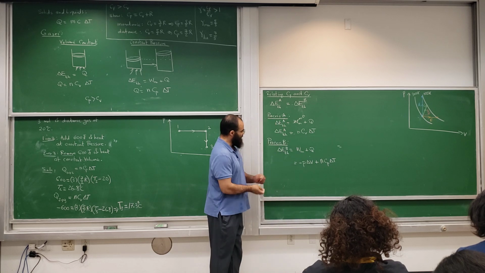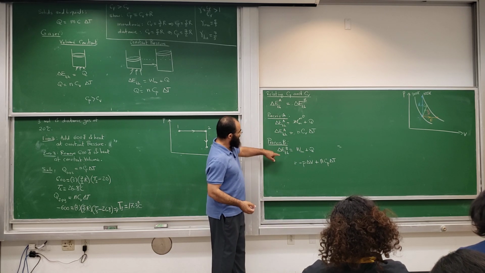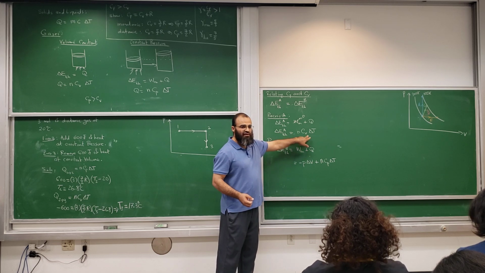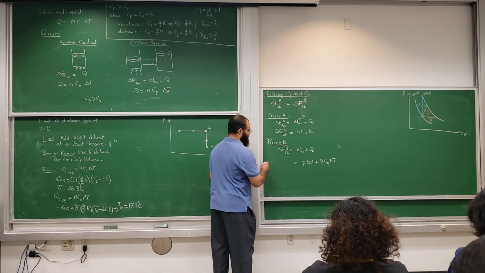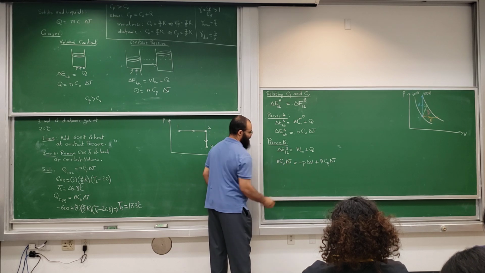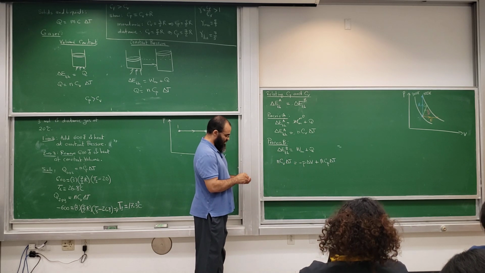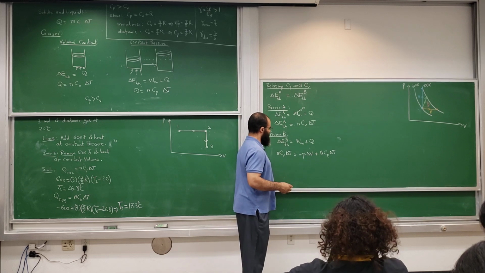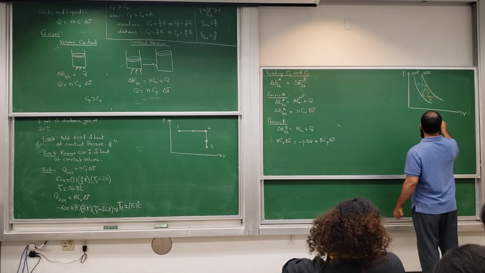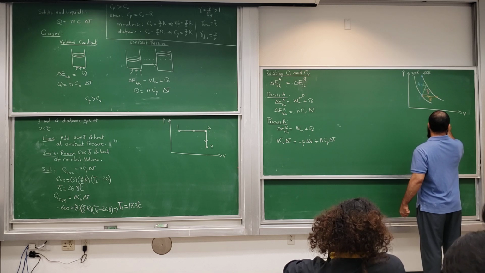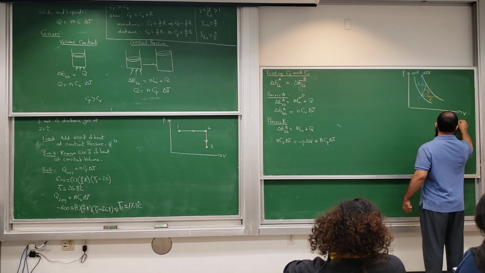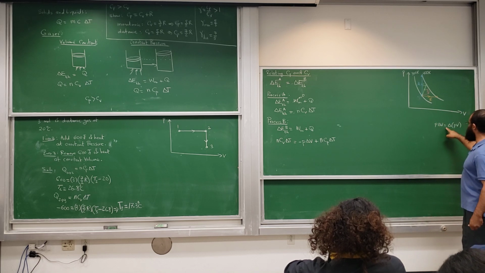And now comes this work we did earlier. Delta E thermal of B is the same as A, but A is this, and we write this one. It's also good to note that P delta V is the same as delta PV, because P is constant, you can just pull it out of the delta.